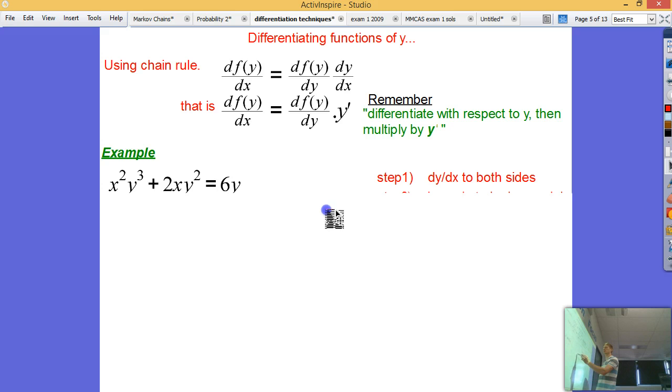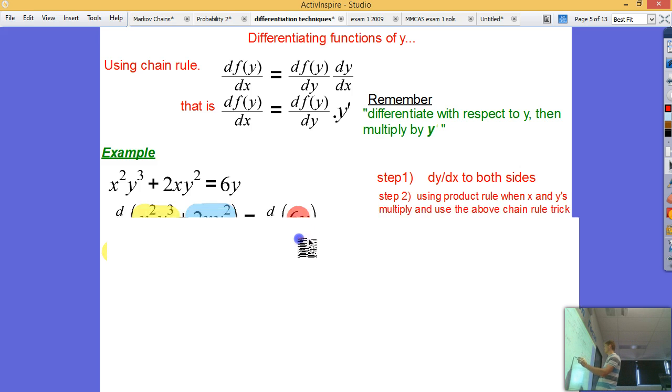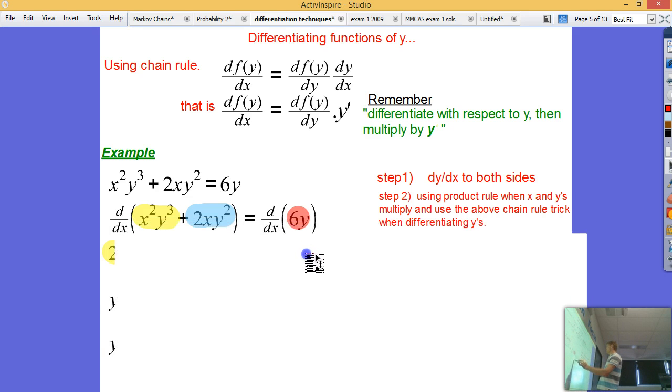So let's look at an example. There's our implicit equation in terms of x's and y's. First step is differentiate both sides with respect to x. Okay. Now, the next step is using the product rule. We're going to differentiate each term. So derivative of the left, the derivative of the right.